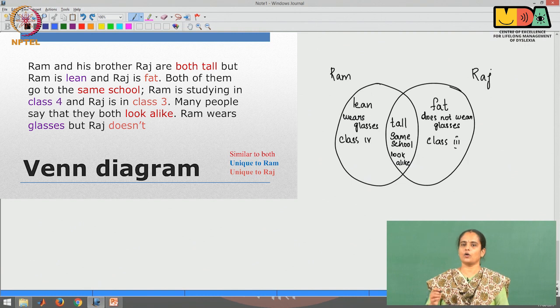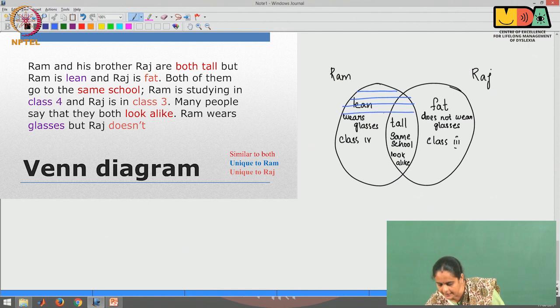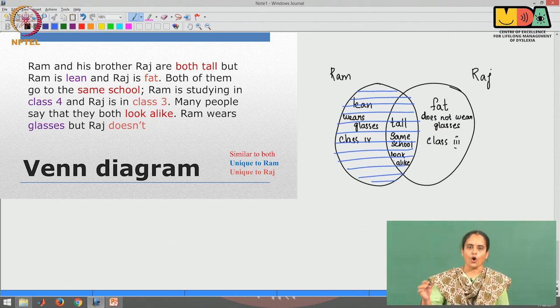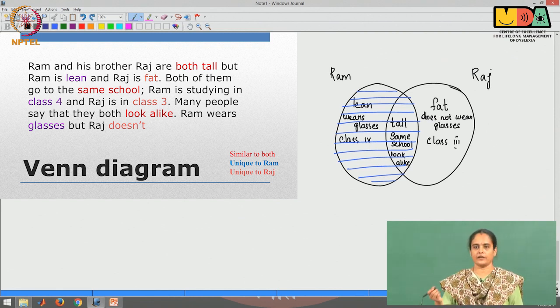Now, let us color code the Venn diagram. I am going to choose blue for things which are very, very specific to Ram. Please see that I am even coloring the portion which is in the intersecting part, because all the things belong to Ram. So, I am going to use pink denoting the features of Raj.